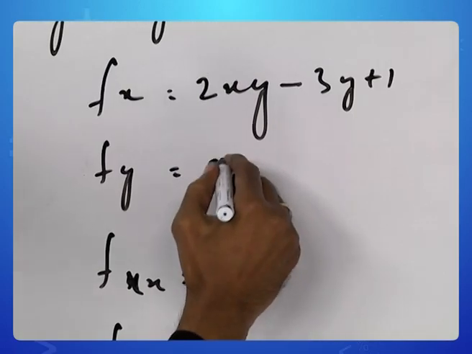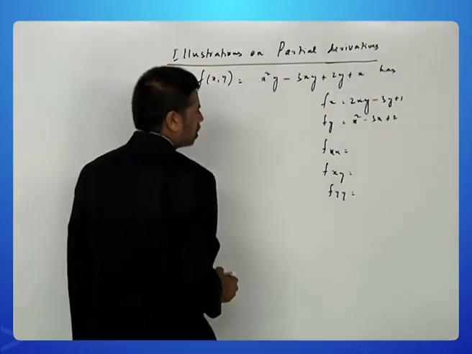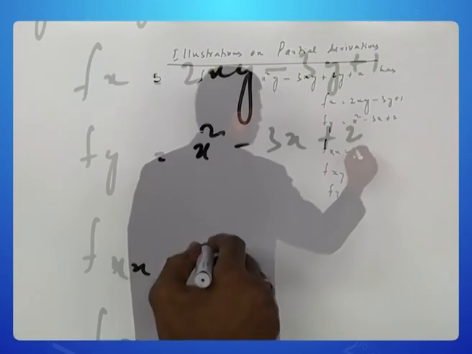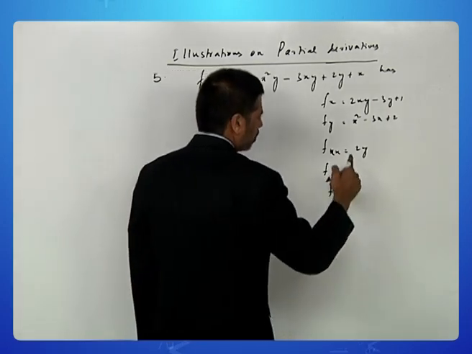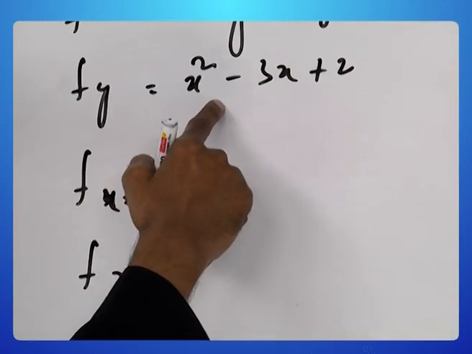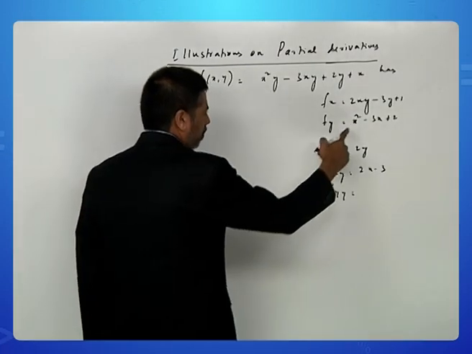Fy is x squared minus 3x plus 2. Fxx is 2y. Fxy is to differentiate fy with respect to x, and you'll get 2x minus 3, and fyy is 0.